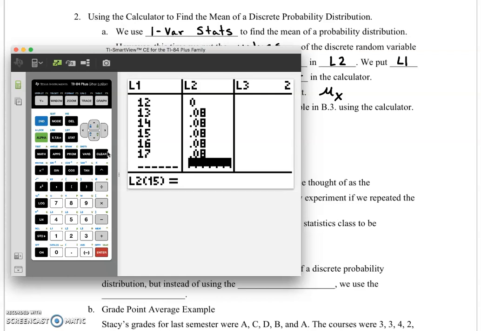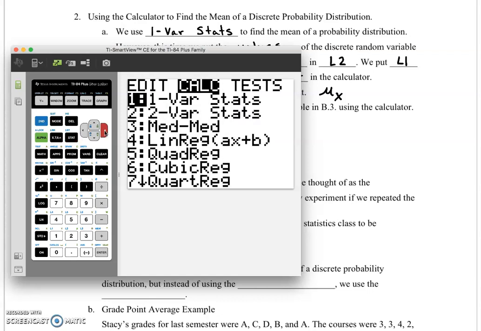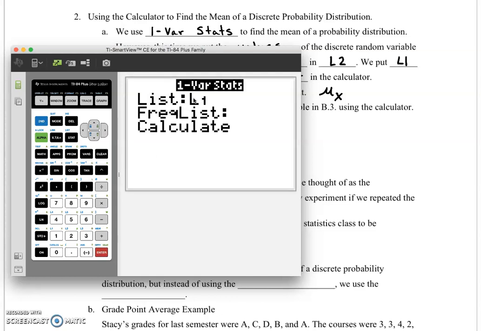Okay, now that we have that, we're going to hit second and quit to go back to our home screen. And we want one-var stats. So we go stat, over to calc, and we pick the first option. Now you see it says it already has L1 for the list. If it doesn't, so if for some reason you had something else or it was blank, remember you hit second and the 1 key to get L1.